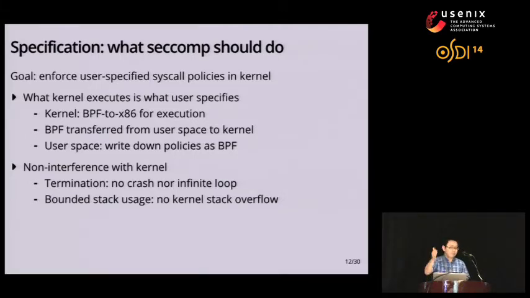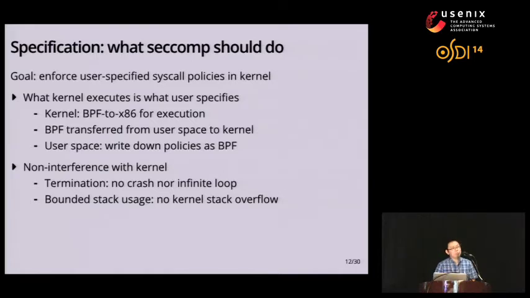That means when the kernel accepts a BPF program, the x86 instructions the process is running should be the same as the BPF program. Second, the BPF program should be correctly transferred from user space to kernel. And third, in user space, when you write down your policies as BPF programs, the BPF programs, the input itself, should be correct.